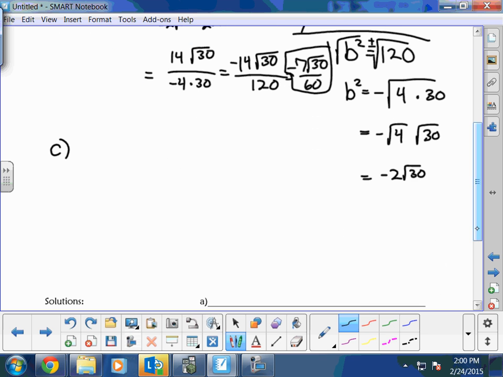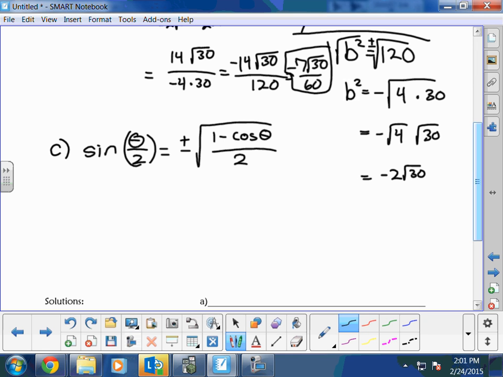All right, so sine of theta divided by 2 is going to be equal to plus or minus the square root of 1 minus cosine theta, all over 2. Let's go ahead and actually do this. First of all, we need to think about how theta over 2 applies to this quadrant right here.